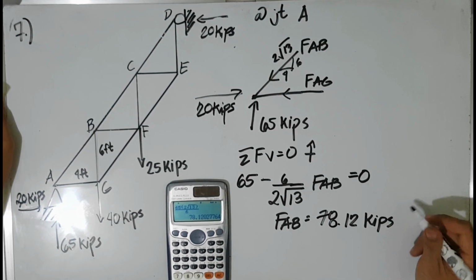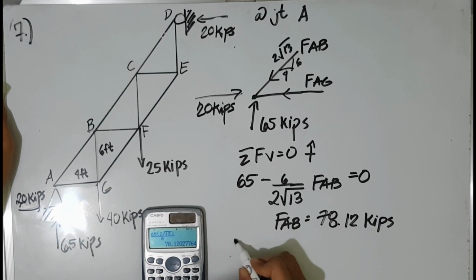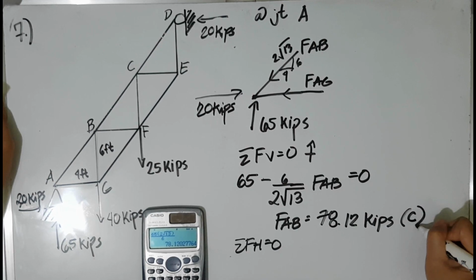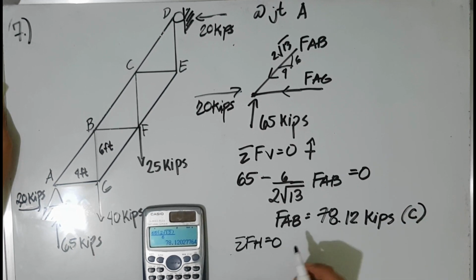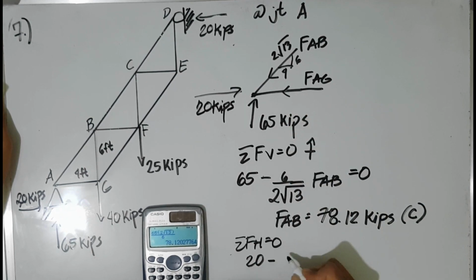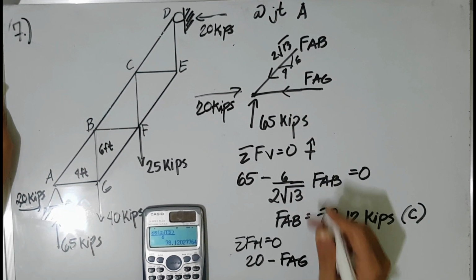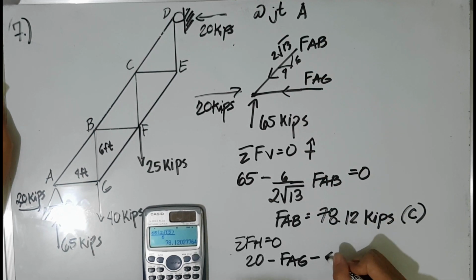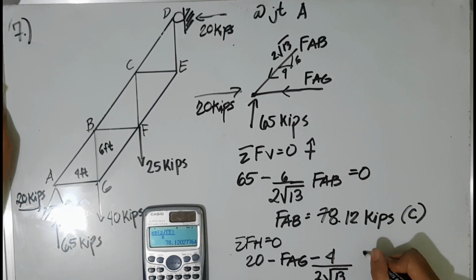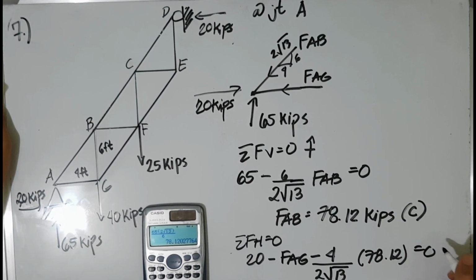And then summation of forces horizontal is equal to 0. Our force AB is in compression. Our assumed direction is correct. So taking the summation of forces horizontal is equal to 0. So 20 minus force AG minus 4 over 2 square root of 13 of force AB, which is 78.12 kilopounds, is equal to 0.